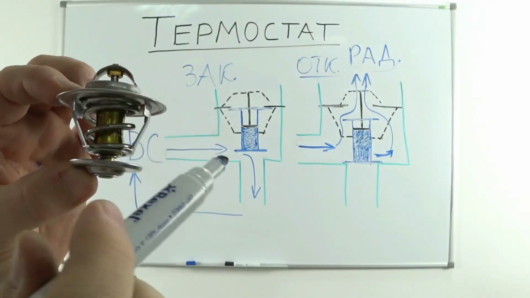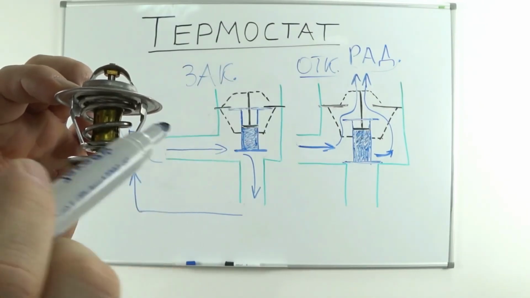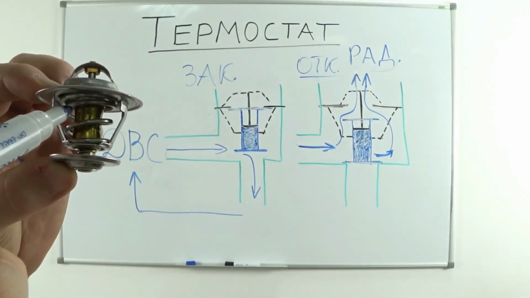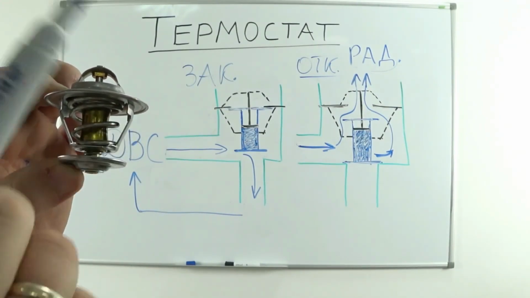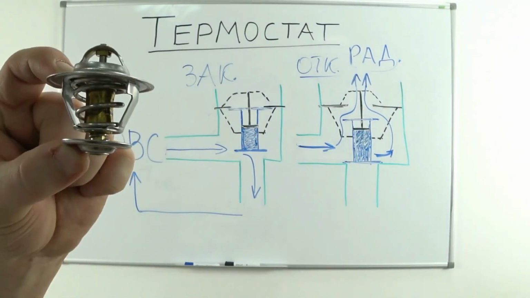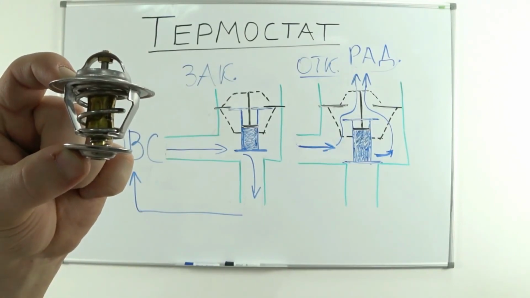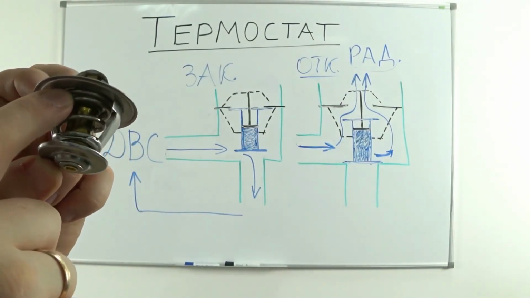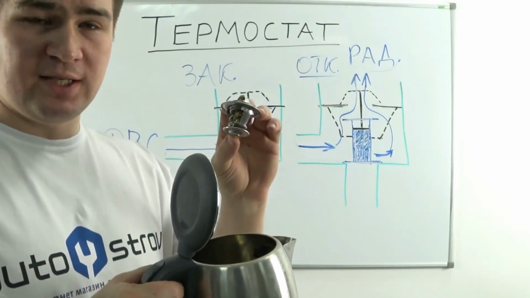The cylinder is golden in color, which is displayed in blue on my board, and inside this golden cylinder there is a special substance that reacts to temperature and expands. I remind you that now the thermostat is in a closed position. That is, the upper hole is right here and it is closed.